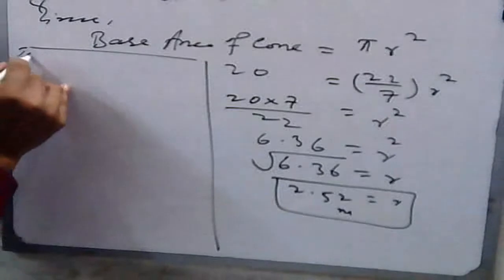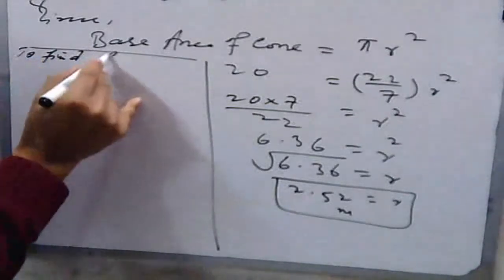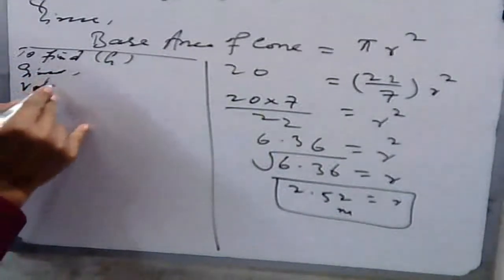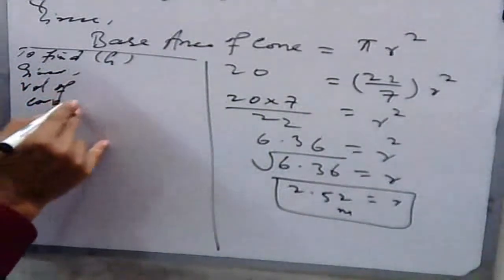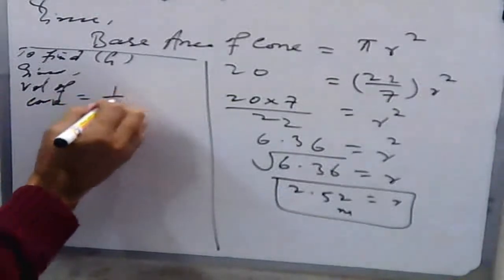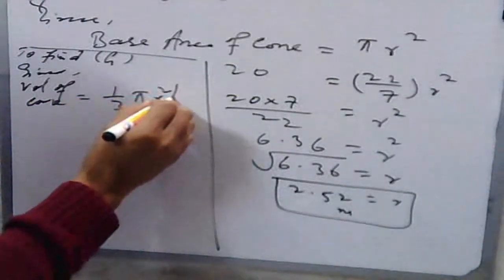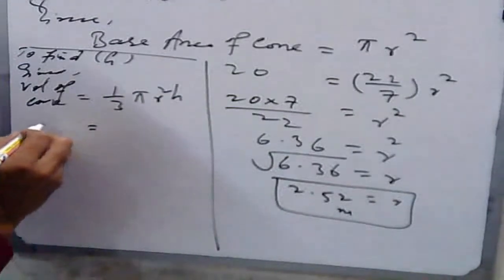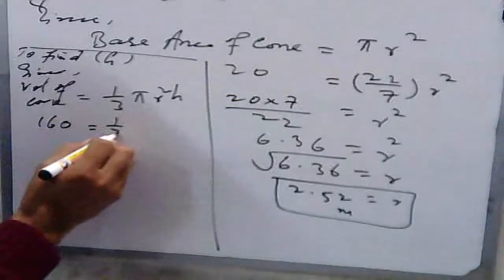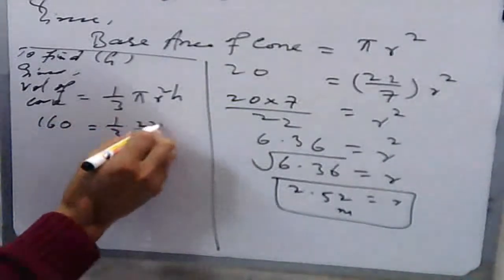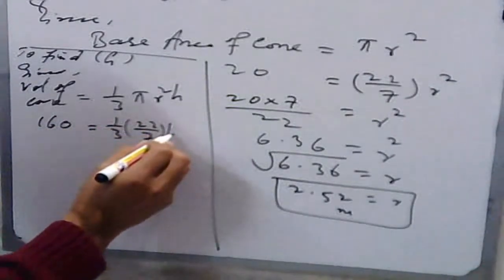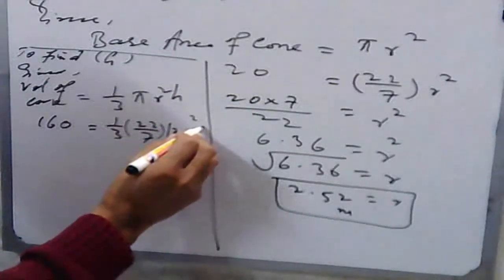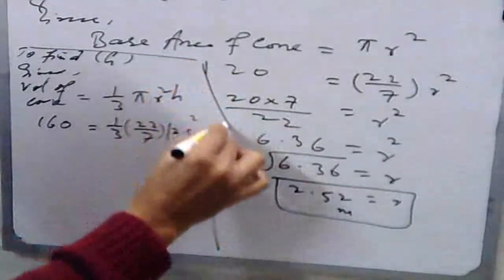But we have to find the value of h first. Now to find h, we have a formula that the volume of cone is equal to 1 by 3 pi r square h. Putting the values, the volume of cone is given to us, that is 160. 1 by 3, the value of pi is 22 by 7. The value of r is 2.52 square, which we have calculated, and h we have to find.